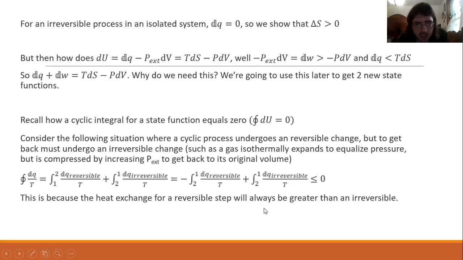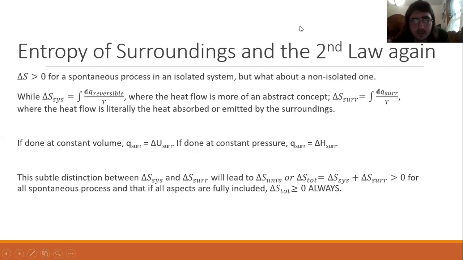Because heat exchange for a reversible step will always be greater than for an irreversible step. And so this is part of why we can't have perfect efficiency, because it's too hard to get very many perfectly reversible steps.